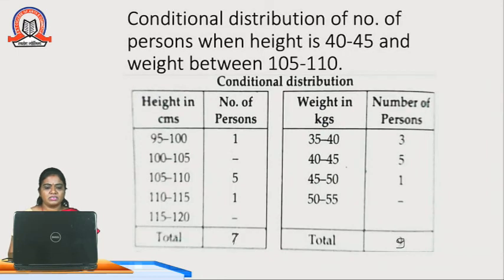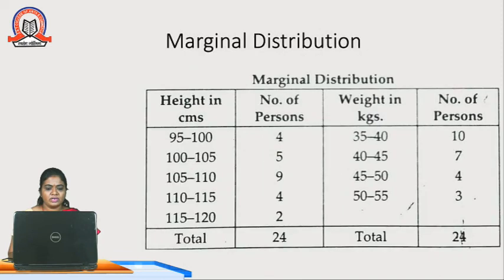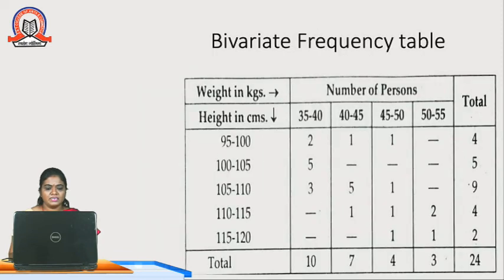Conditional distribution of the number of persons when height is 40 to 45 and weight is 105 to 110. Separately, we want to see this from the bivariate table. So 40 to 45 is the second column, 1 dash 5, 1 dash 7.